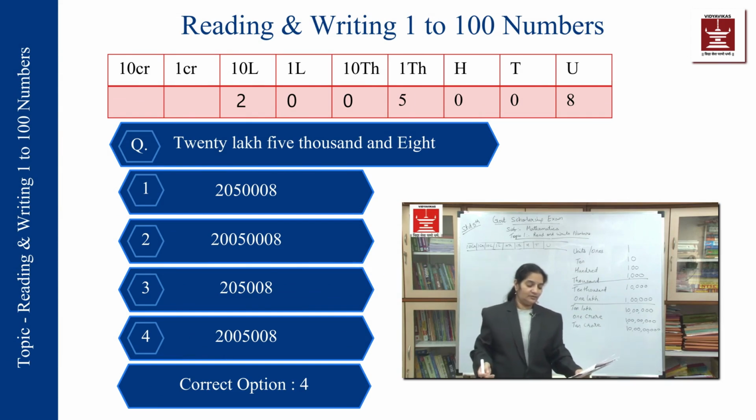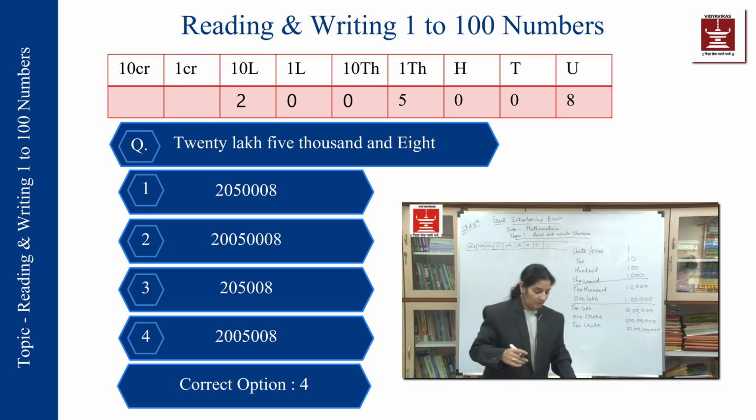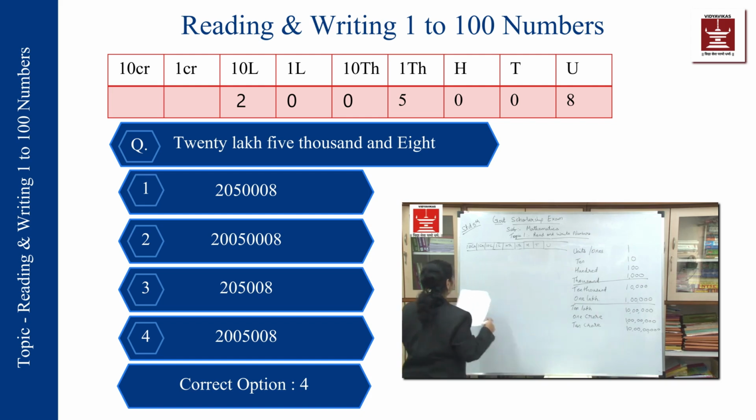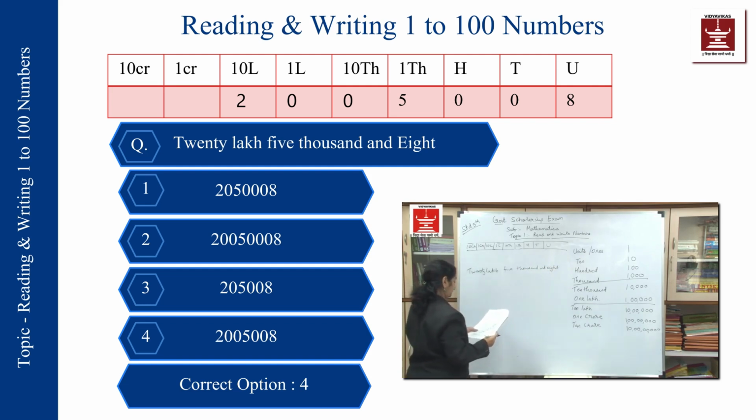20 lakh 5,008. Okay, so see the options for this first. Then we will see what is the correct option. Okay, the number written was 20 lakh 5,008. Okay, now how do we write this? See the options for it.